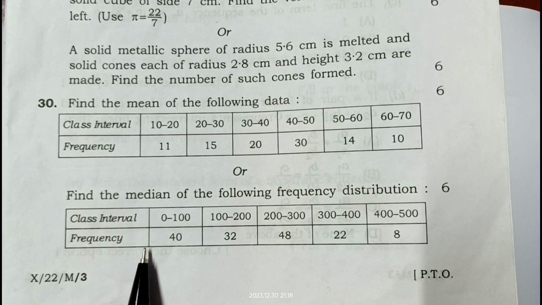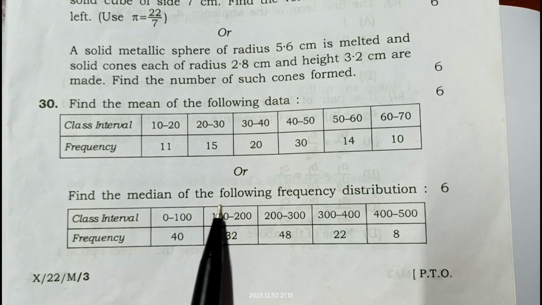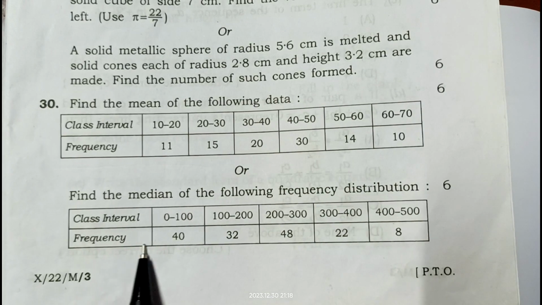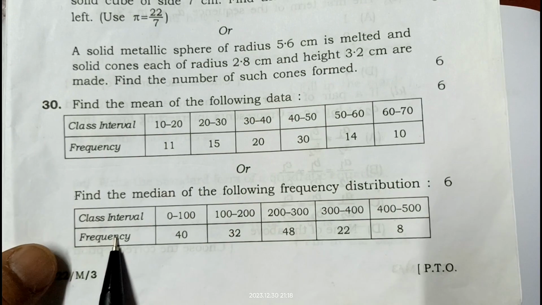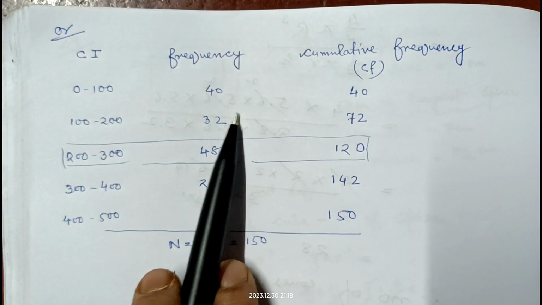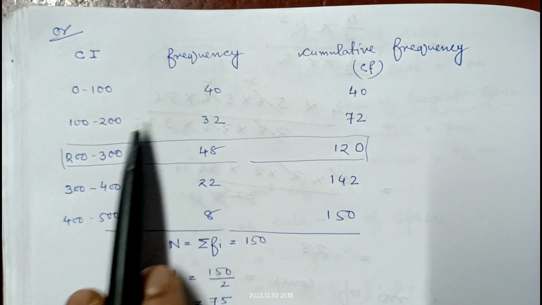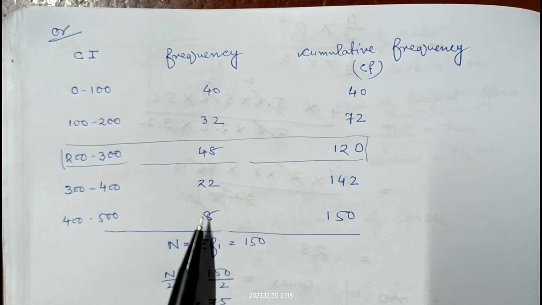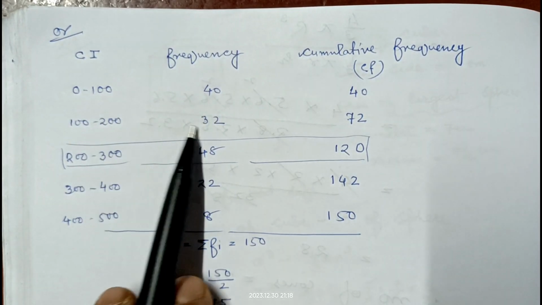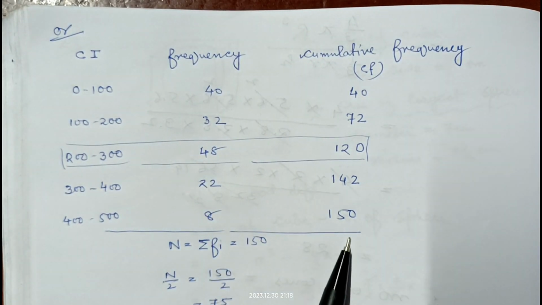In the second part of question number 30, it is given, find the median of the following frequency distribution. This table is provided and we have to find the median. Here, first of all, we are writing the class interval and frequency: 0 to 140, then 32, 48, 22, 8. After writing these two, which are given in the question, we have to find the cumulative frequency.